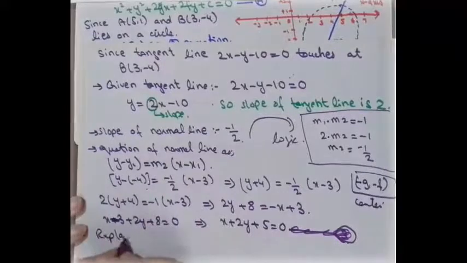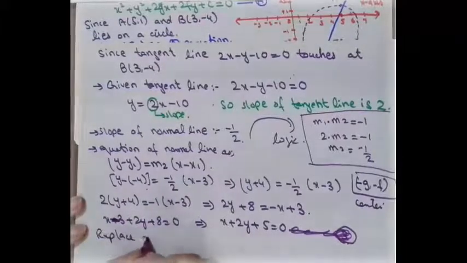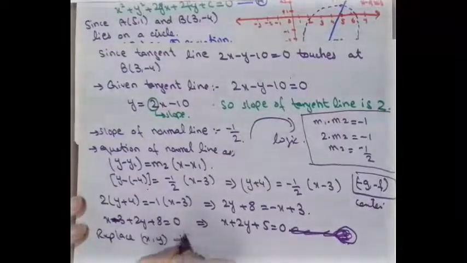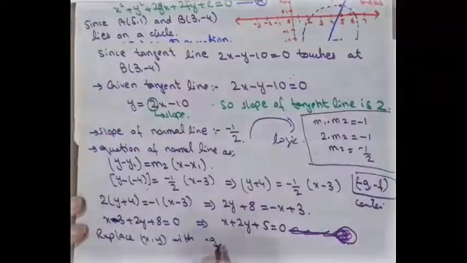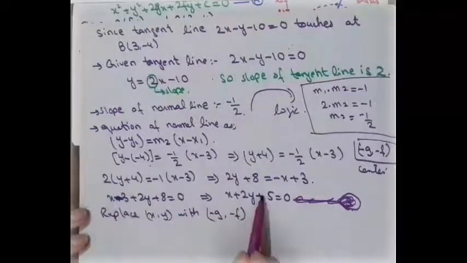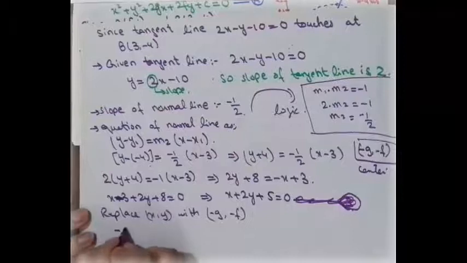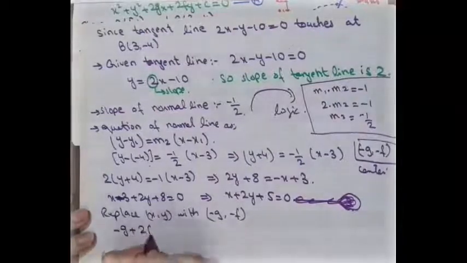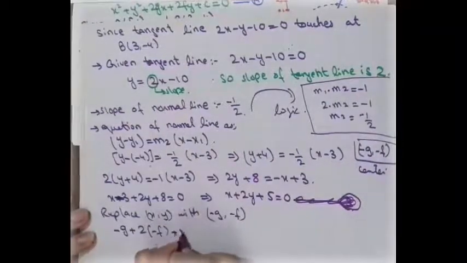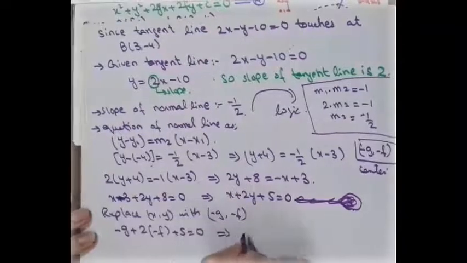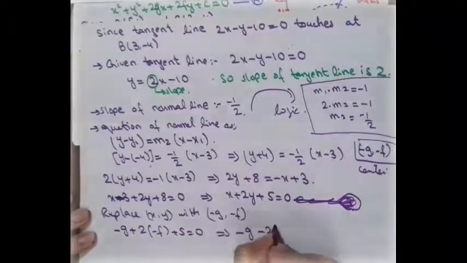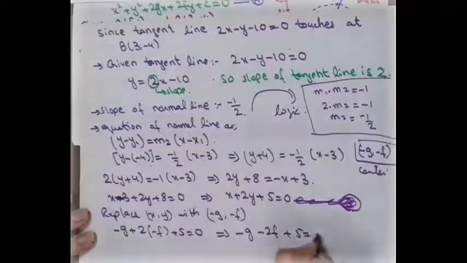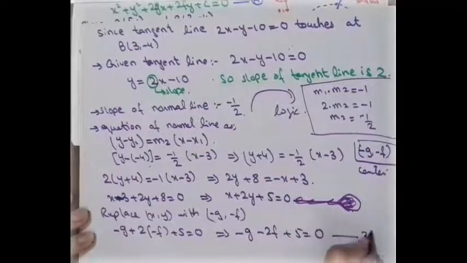Then this equation becomes -g plus 2 times -f plus 5 equals 0. It will be -g minus 2f plus 5 equals 0, and here is our third equation.